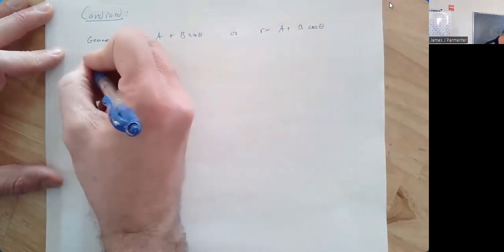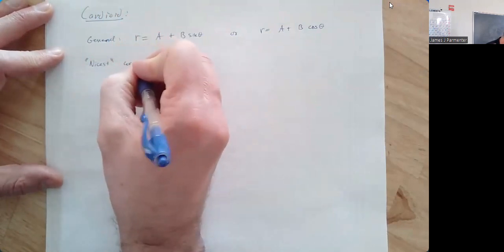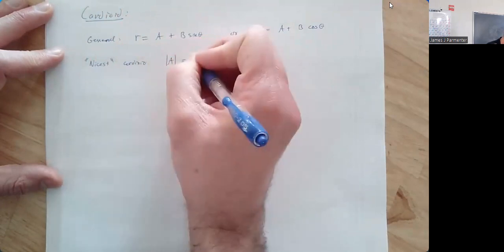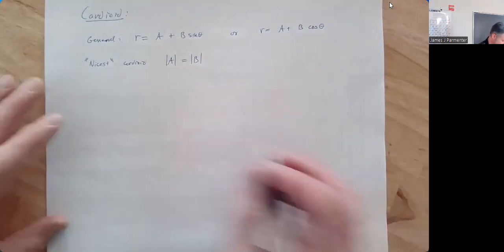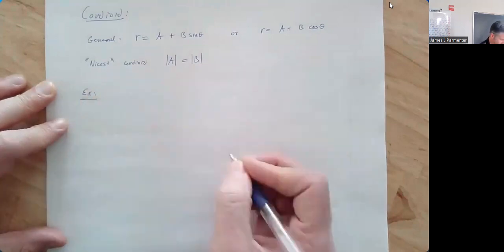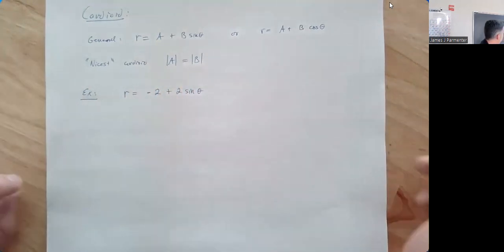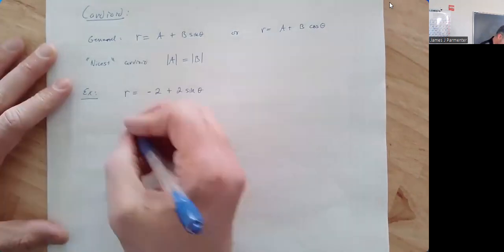And the quote unquote nicest cardioids are the ones where a and b are equal to each other in absolute value. Meaning, I don't care if one of them's positive or negative, they're the same in absolute value. So for example, I could graph something like r equal to -2 plus 2 sine theta. And that's kind of your ideal cardioid because it's got the nice perfect shape. So here's what we're going to get.